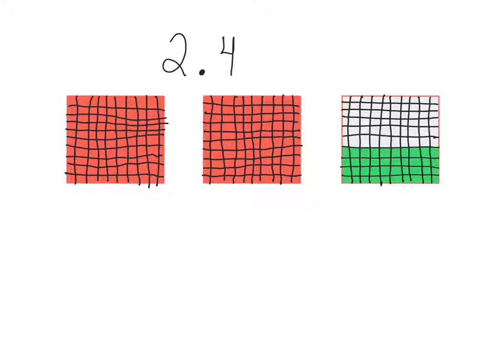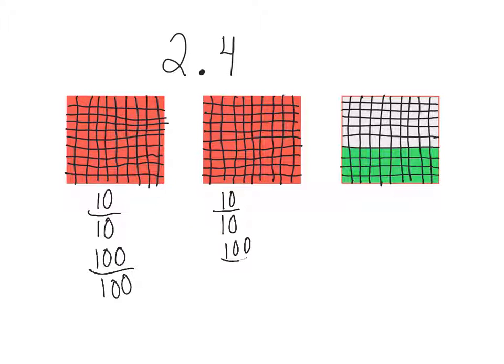So now what is shaded in? Well, we have shaded in here 10/10. It was 10/10, right? But now we've got 100 out of 100. See how those are equivalent fractions because they both equal a whole. 10/10 it was originally, and then now, because I cut it up into another tenth, we made it into 100 hundredths.